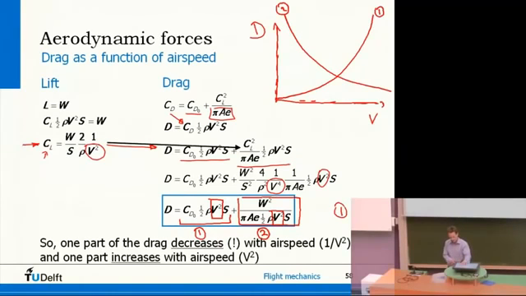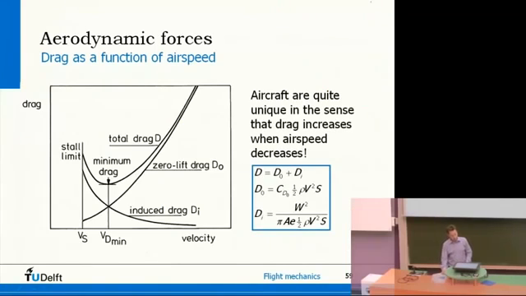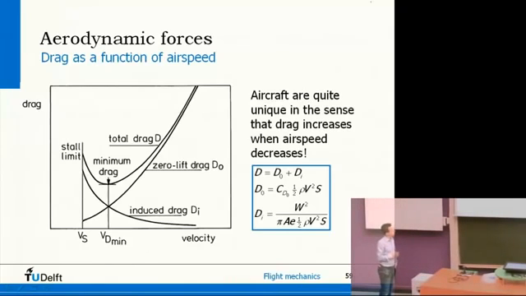So the real drag looks something like this. Now, of course, people have made better pictures than I have, but this is what it more or less looks like. So the actual drag curve is basically a parabolic relation. And it's quite interesting when you think about it. If you fly very slowly, you have a certain drag.